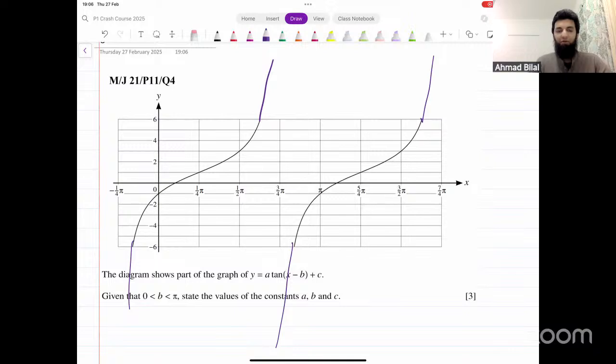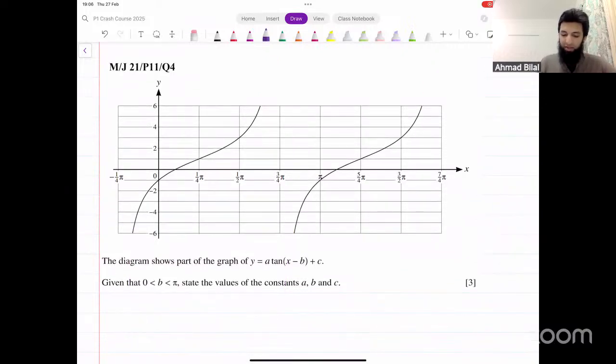So how do you figure out what transformation is happening in a graph like this? When you have a tan graph, they're saying the diagram shows part of the graph of y equals this. Given that b is between 0 and pi, b is this translation, state the values of the constants a, b, and c.